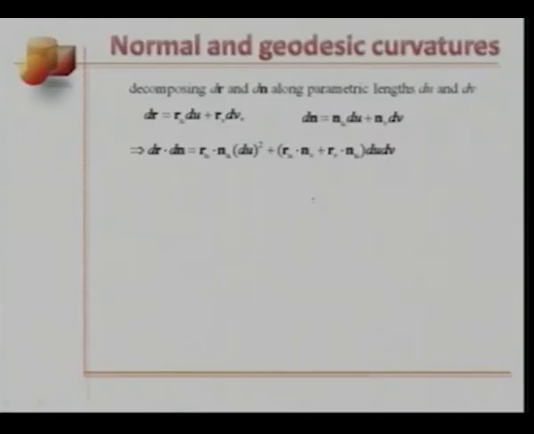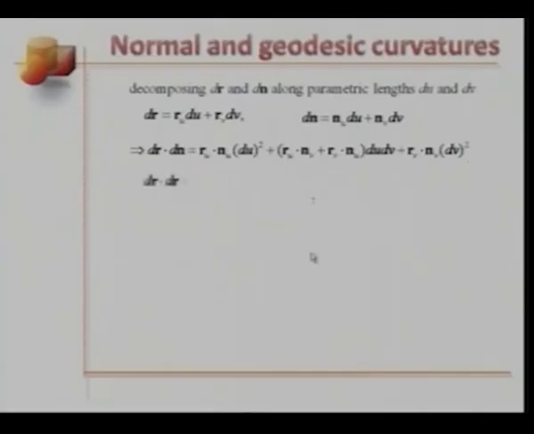Just in case you have forgotten what the subscripts mean here, r sub u is the partial derivative of r with respect to u, and r sub v is the partial derivative of r with respect to v, and the same goes for n sub u and n sub v. We have the final term of dr dotted with dn as plus rv dotted with nv times dv squared.